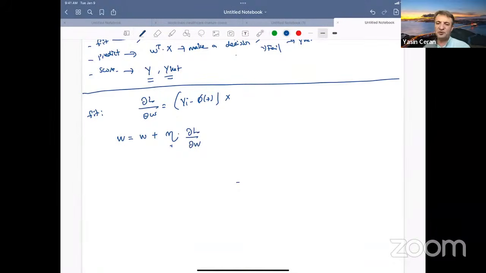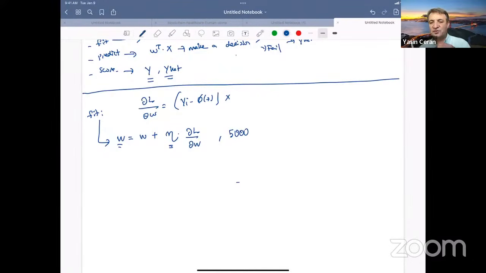This derivative is going to tell us the direction in which we should go, and also how much we are going to increase the W's, weighted by the step size eta. So fit is going to update the W's step by step. How many iterations? In this case, I'm going to say 5,000 iterations.